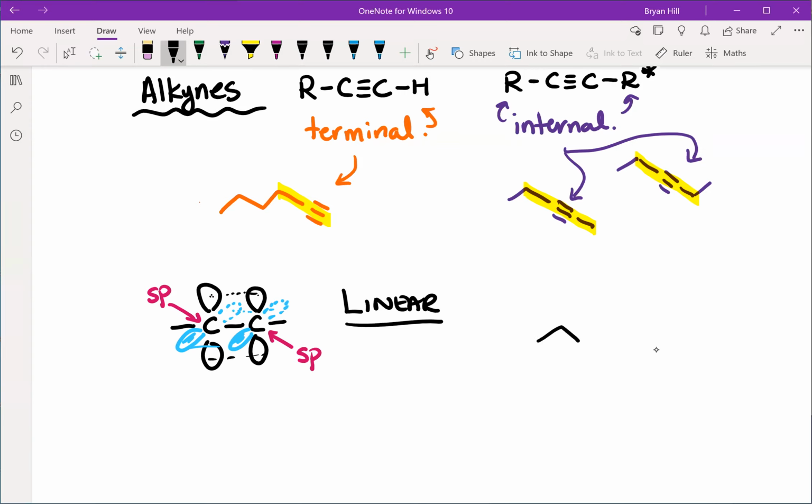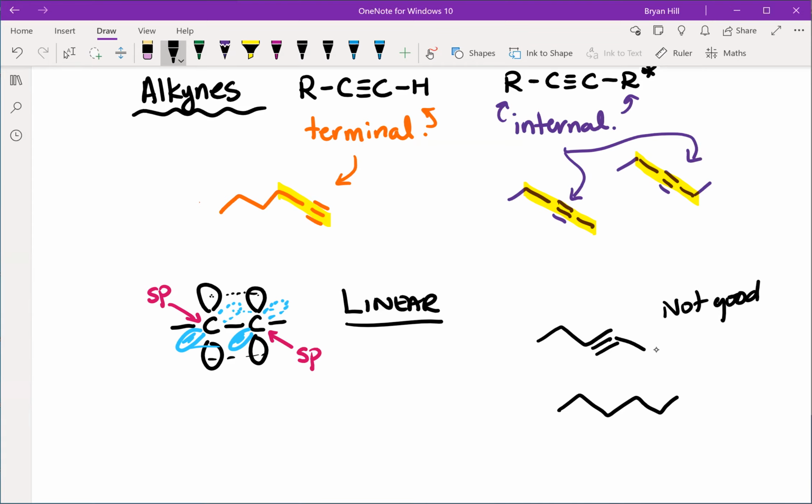So if you do this, this is really not good because they're linear and they've been drawn in a zigzag. So when we're drawing sp3 hybrid carbons, drawing it in a zigzag is good because this is helping to depict that these carbons are tetrahedral.